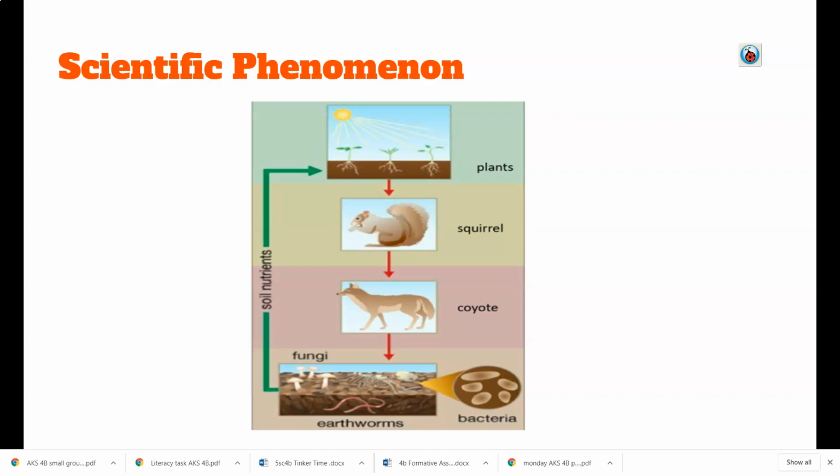Above that in a box, we see some little plants, some little seedlings, and I notice the sun. Now, in between each of those boxes, from the top to the bottom, I notice red arrows going down from the top picture to the bottom. And on the left side, I see a green arrow that's going from the bottom picture all the way up to the top picture, and it says soil nutrients.